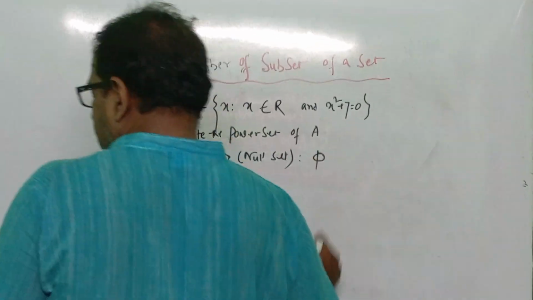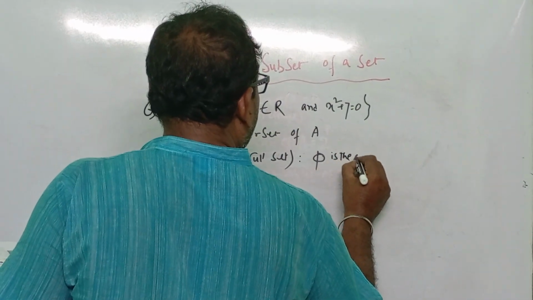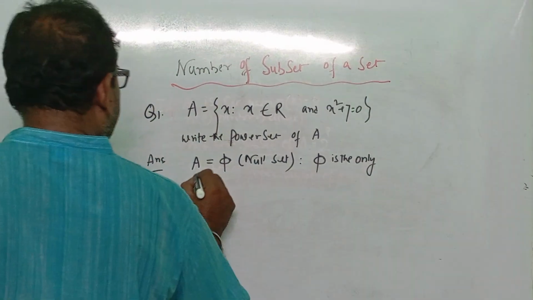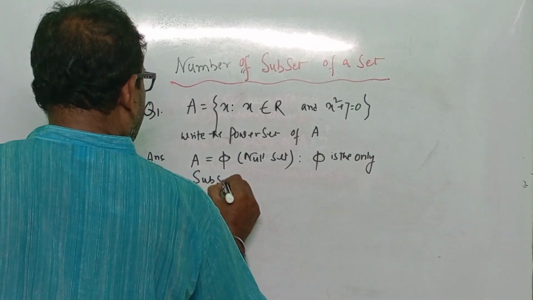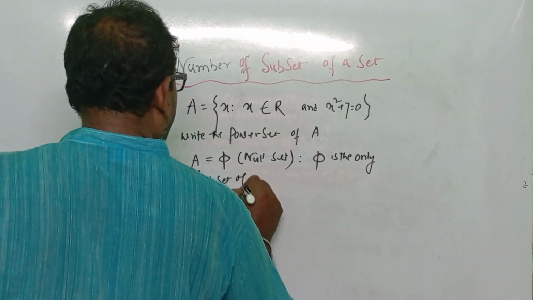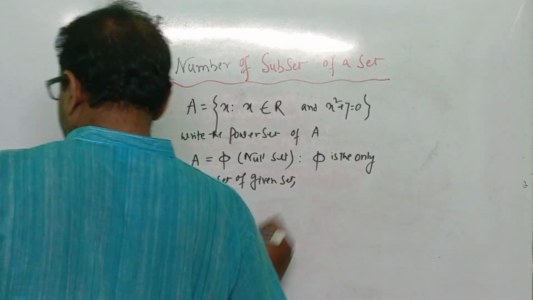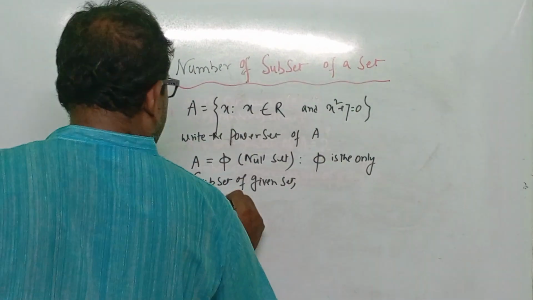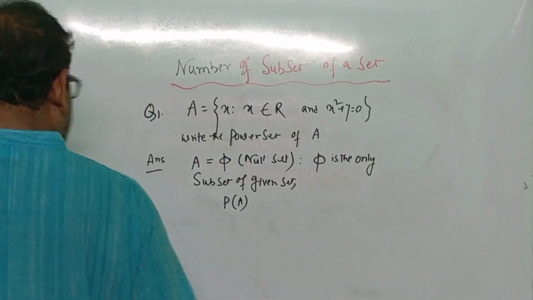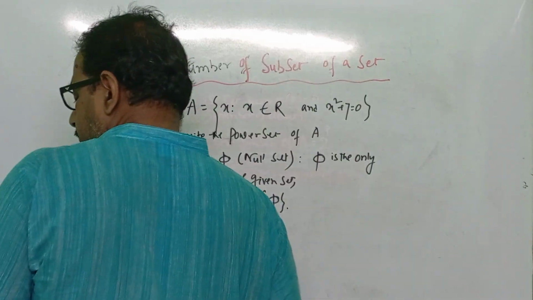Therefore, the null set is the only subset of the given set. That is, the subset of A is null.